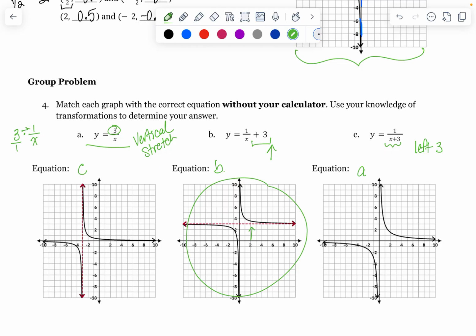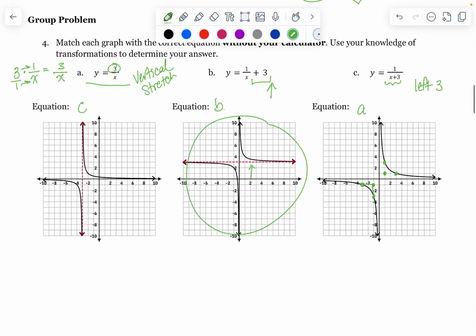Going straight across, 3 times 1 is 3, and 1 times x is x. That's why it ends up in the numerator. The difference here is instead of having our anchor point at 1, 1, it got pulled up to positive 3. And here, instead of at 1, 1, it got pulled to here. That's where that 3 comes in.